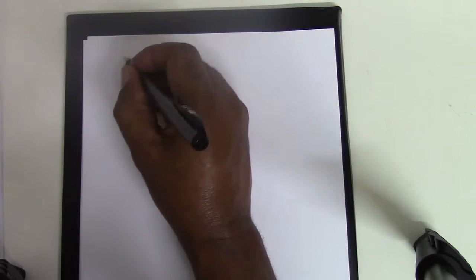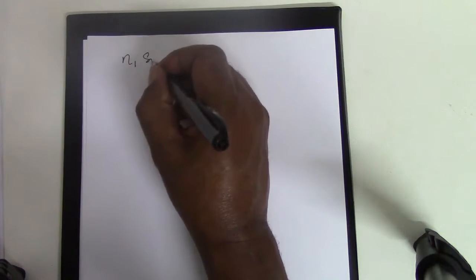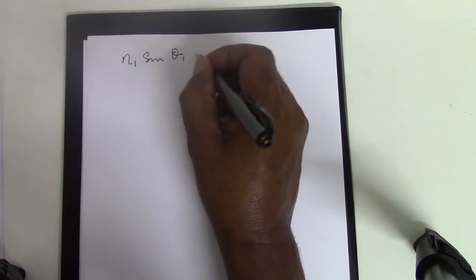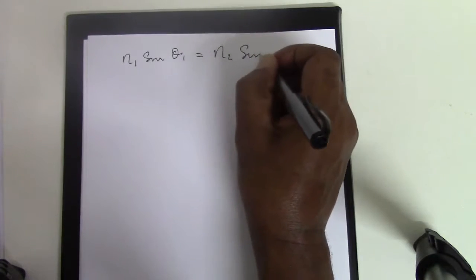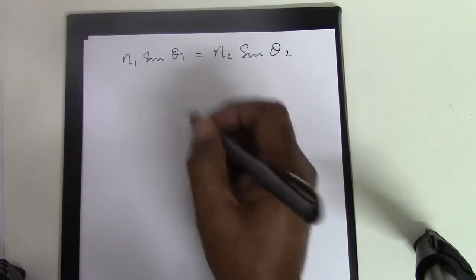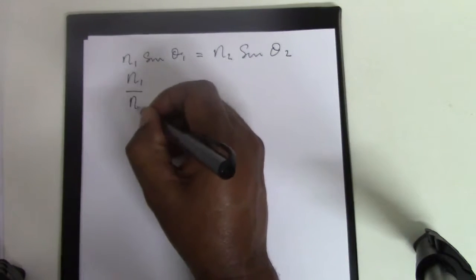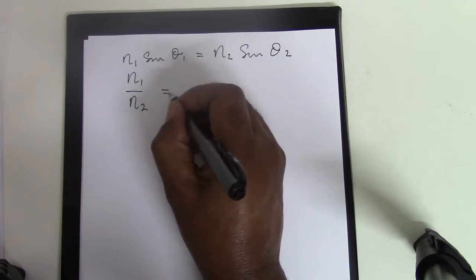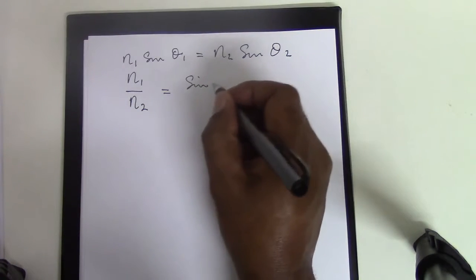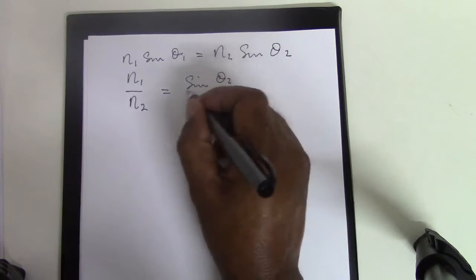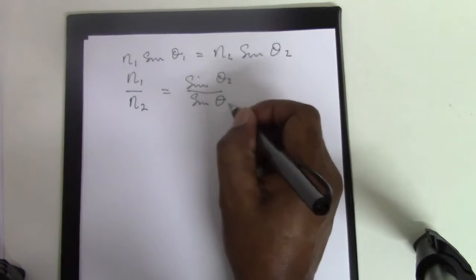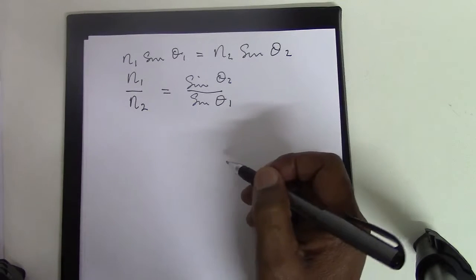Now, let's look at Snell's law under these circumstances. According to Snell's law, mu1 sine theta 1 equals mu2 sine theta 2. Now, mu1 over mu2 equals sine theta 2 over sine theta 1. That's what we have.